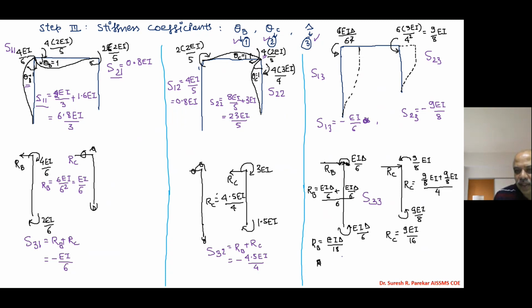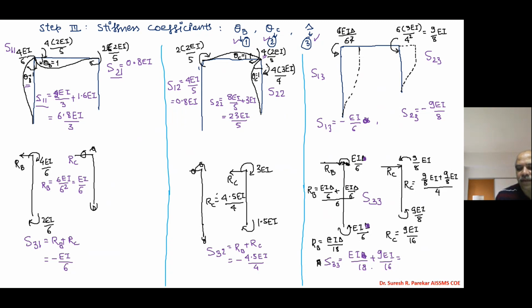And then S33, we will get it as EI by 18, sorry, no delta. Delta is 1. So delta is 1. And then plus 9 EI by 16.